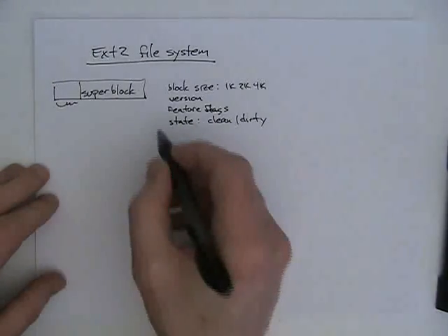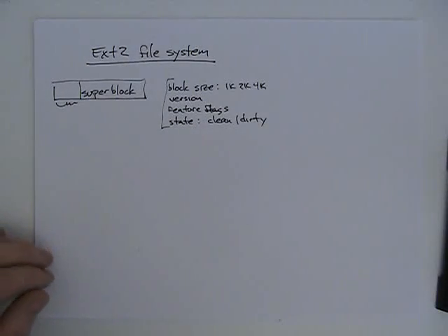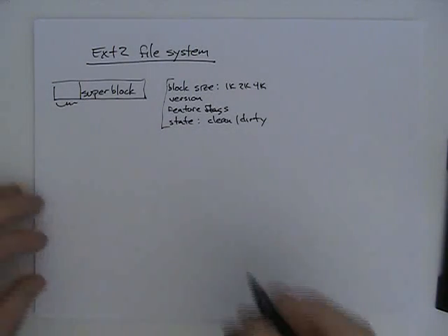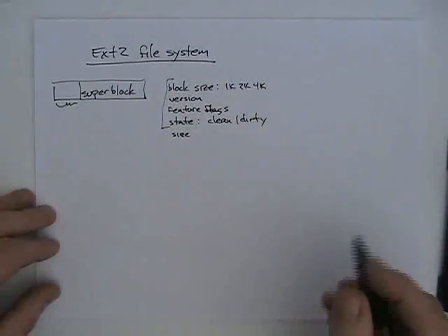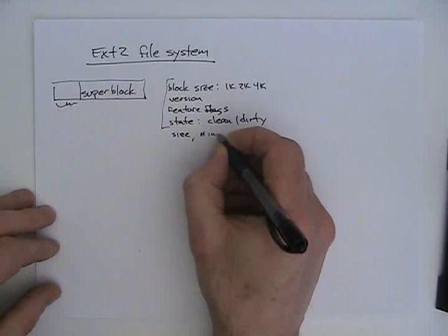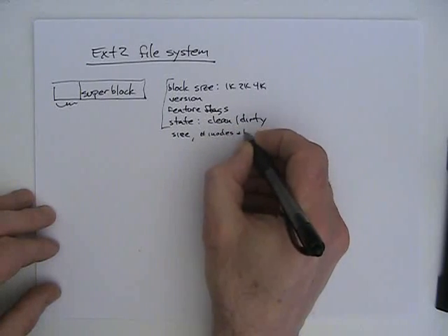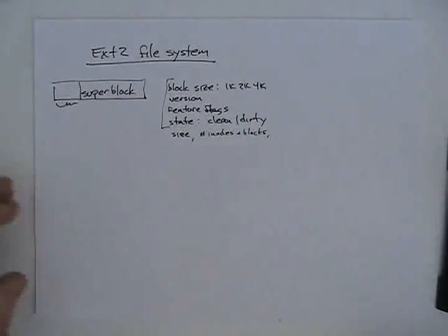And then finally, it also has things like the size, the number of inodes and blocks, what the reserved fraction is, whether it's 90%, 95%, and so on.